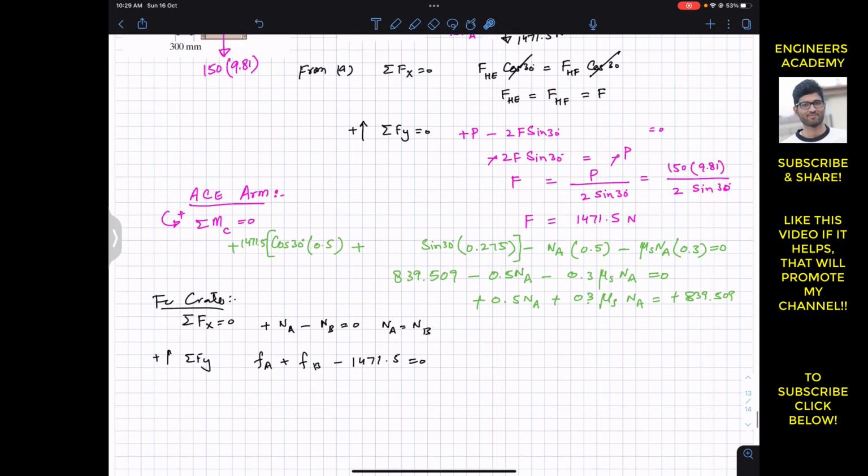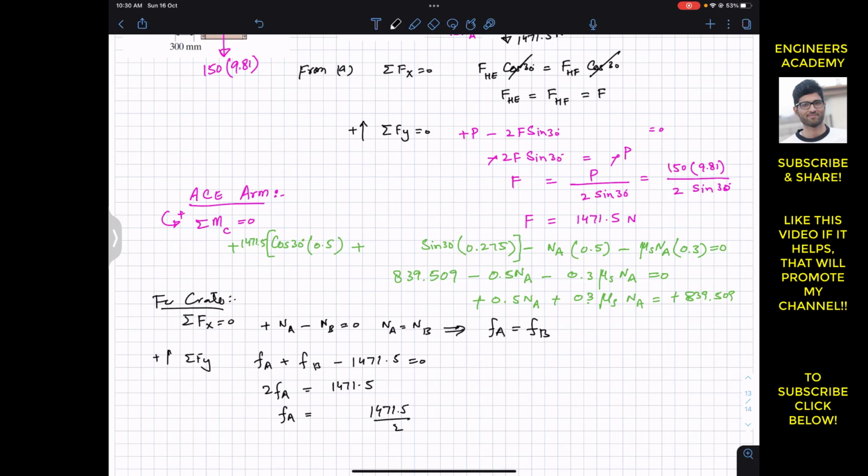So now, if FA is equal to FB, we can say that 2FA is equal to 1471.5, and FA is equal to 1471.5 divided by 2.